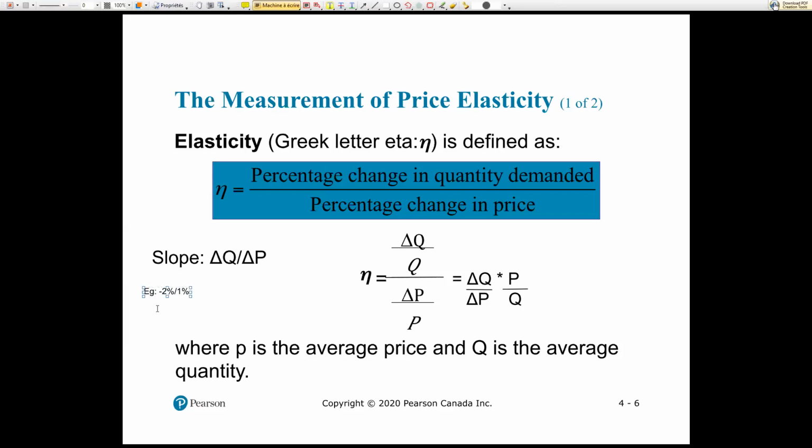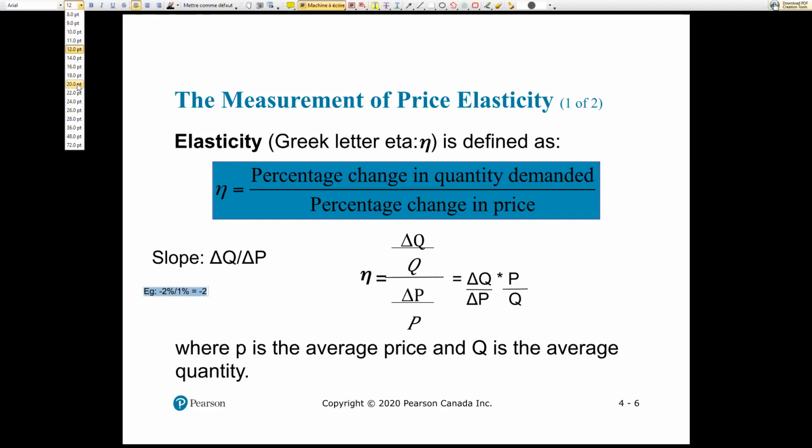So if the price increases by 1%, then the quantity that people would like to buy will decrease by 2%. The advantage of this again is you don't have any units. Here it's just percentage change, so the percentages cancel out, and you get just, say, minus 2. So that's very convenient to talk about.